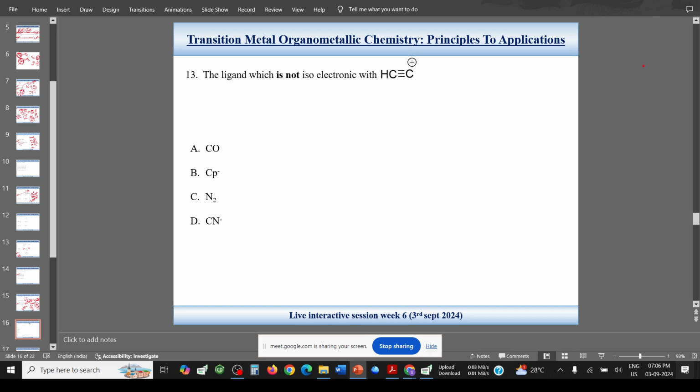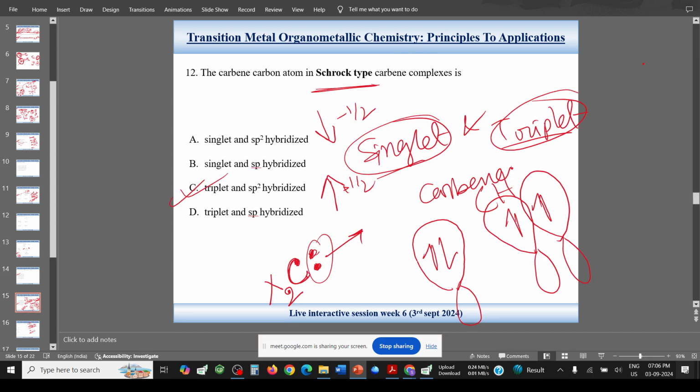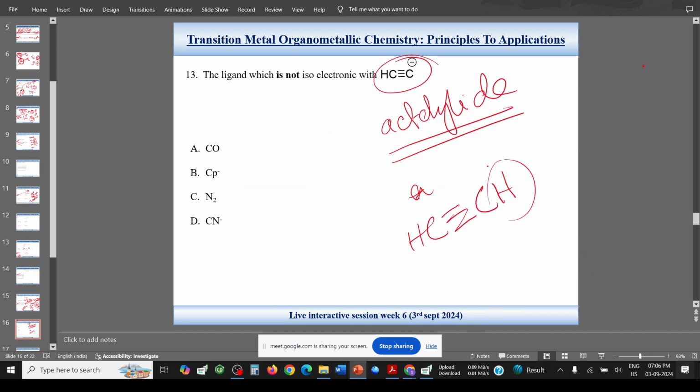Now the next question is: the ligand which is not isoelectronic with this, called acetylide. Acetylene is HC triple bond CH. If you remove one hydrogen from acetylene using a base, because of its acidic nature, it will give this ligand.